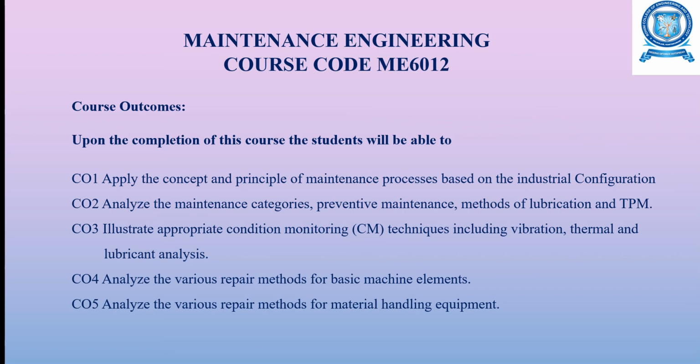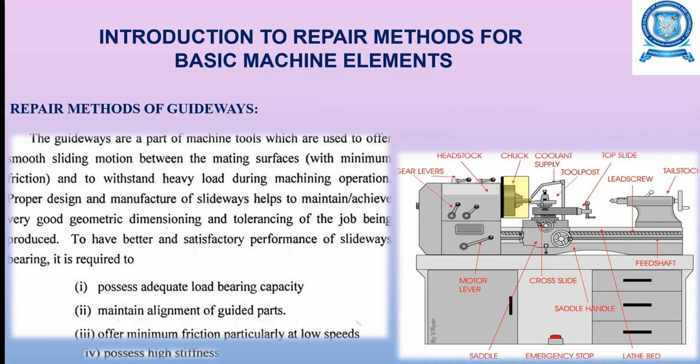The students will be able to illustrate appropriate condition monitoring techniques, including vibration, thermal, and lubricant analysis after completion of Unit 3. Upon completion of Unit 4, the students will be able to analyze the various repair methods for basic machine elements, and also the various repair methods for material handling equipments. Here in this video session, we'll be studying the repair methods of guideways.